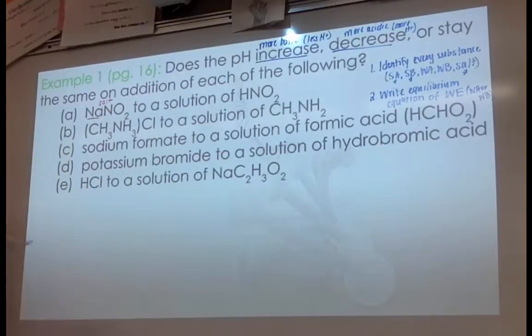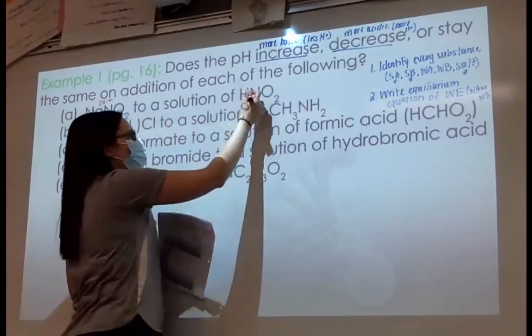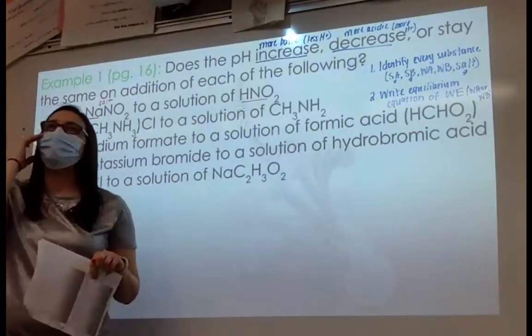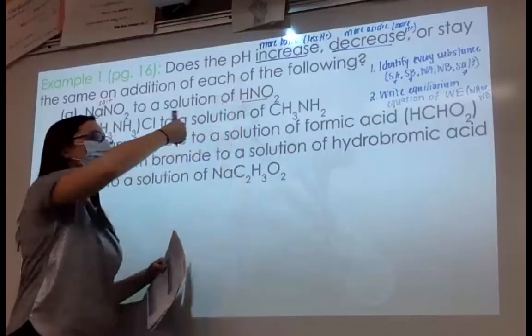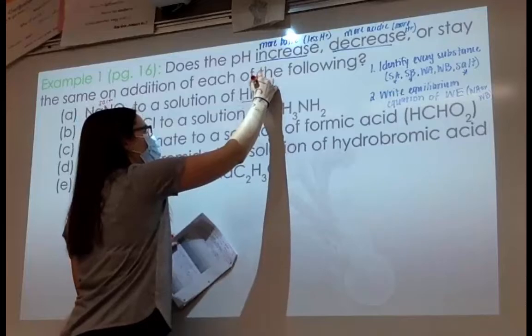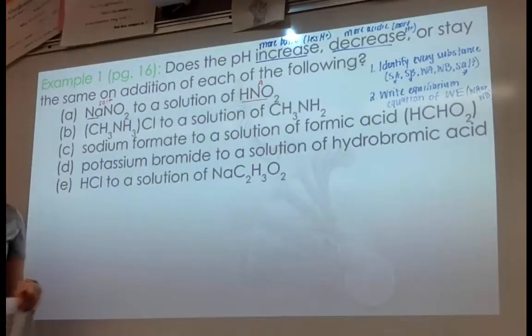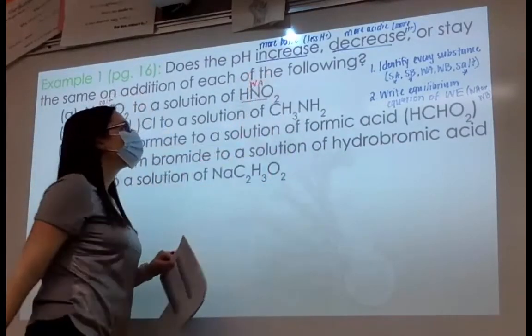So NaNO2 is a salt. We're adding that to a solution of HNO2. So here's where you need to think back to your 7 strong acids. I know it's an acid because it starts with an H. So I know it's some sort of acid. HNO2, that's nitrous acid. That is not one of the 7 strong acids, so that's weak.